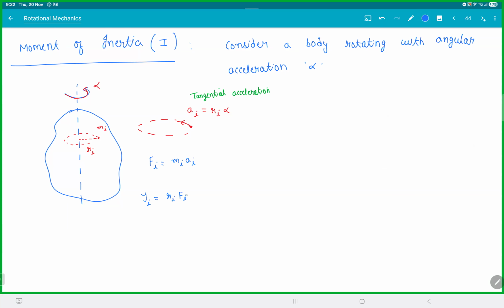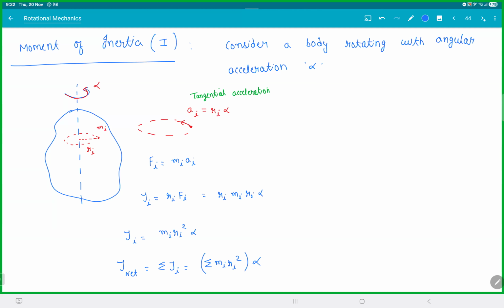They're already perpendicular because it's a tangential force. This would be ri into mi, and ai is ri alpha. So we get torque on one particle will be mi ri square alpha. So the total torque will be summation sigma torque i, which is sigma mi ri square alpha.